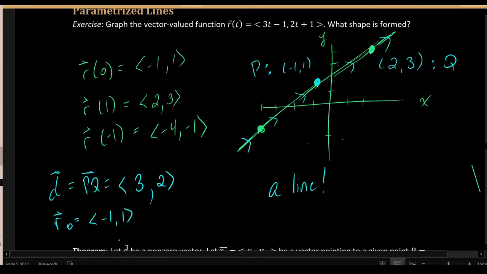So the vector valued function that passes through the point negative 1, 1 and points in the same direction as the vector 3, 2 did indeed have the equation where we take the 3, 2, scale it by the input t, and add this initial given point: 3 times t minus 1 in the x component, 2 times t plus 1 in the y component.